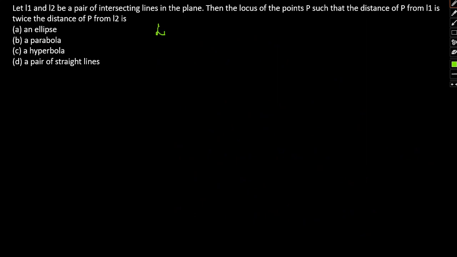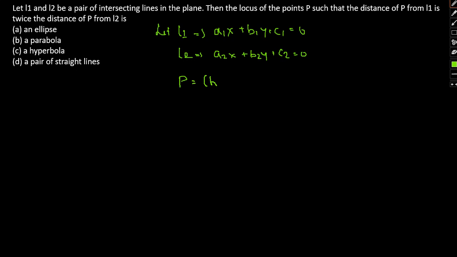Here let L1 be A1x plus B1y plus C1 equal to 0 and L2 be A2x plus B2y plus C2 equal to 0. So we basically define the equation for both the lines and let P equal (h, k).